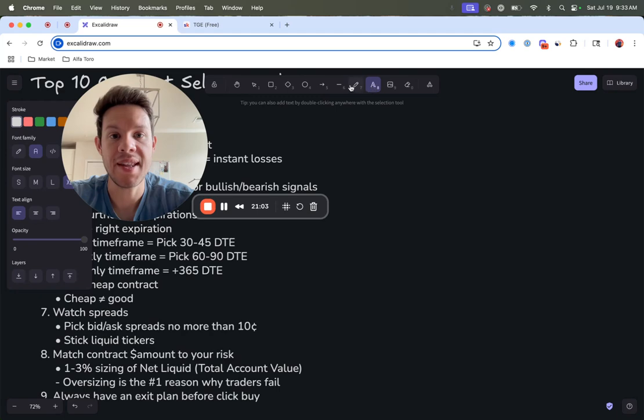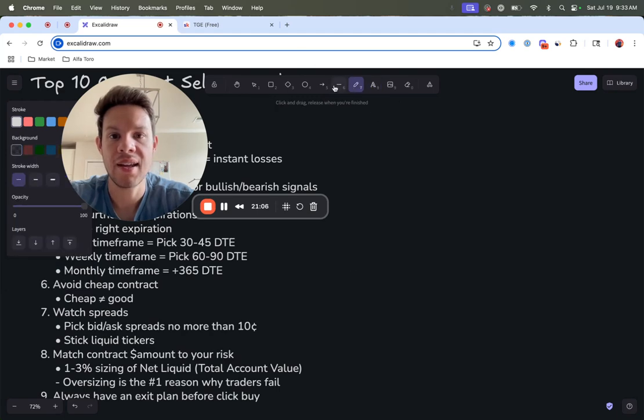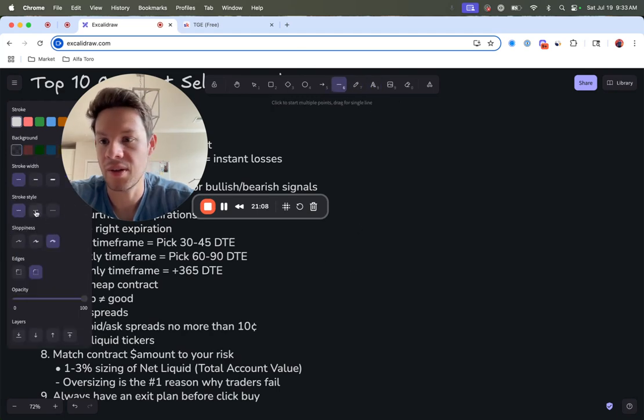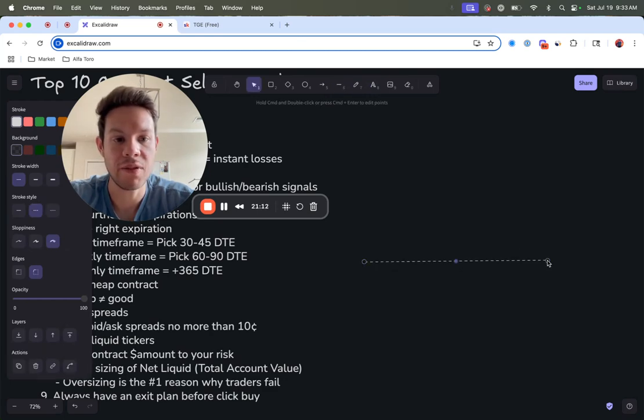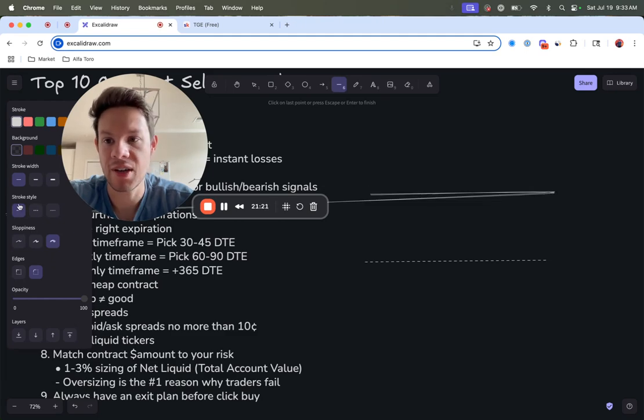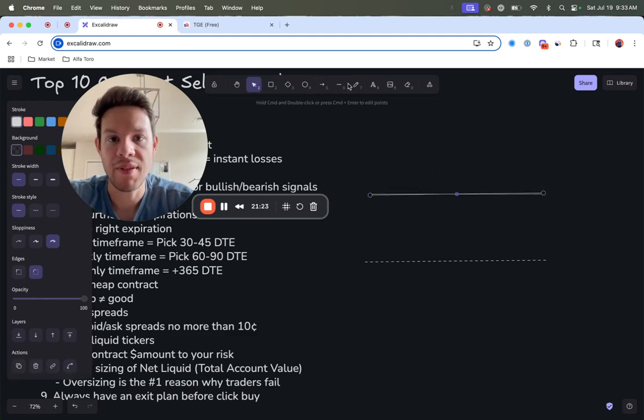So for example, let's say the stock is right here. Let's say this dashed line is the current price level. If you do the expected move, you should have hard price levels here that you should follow.